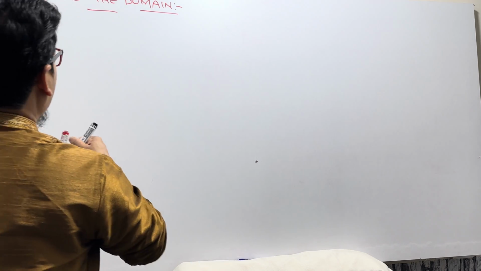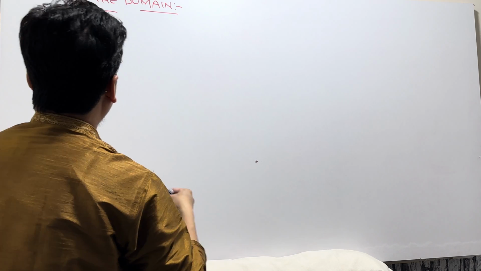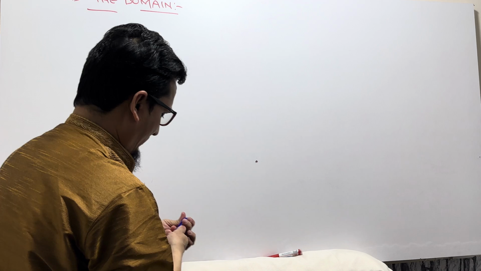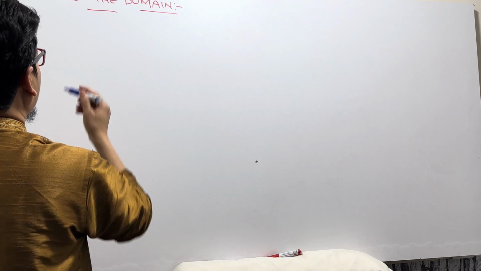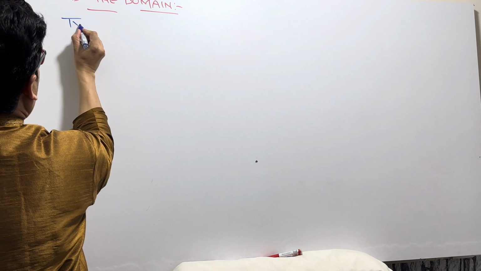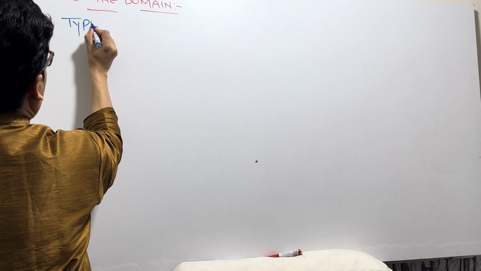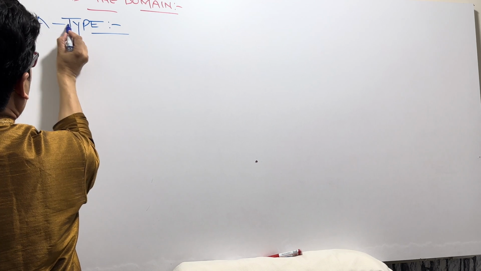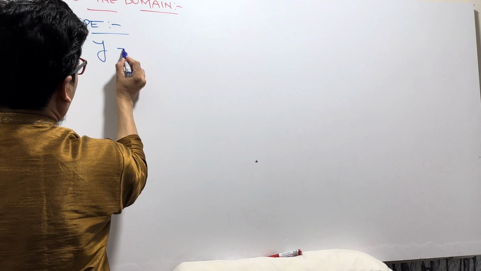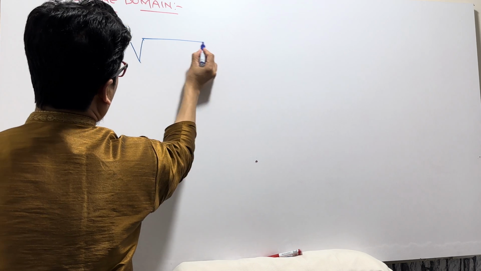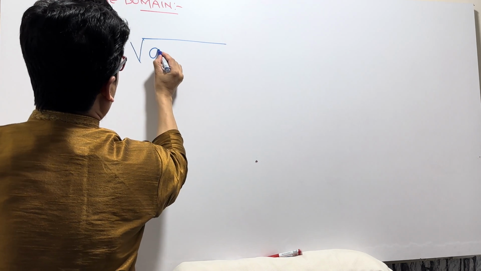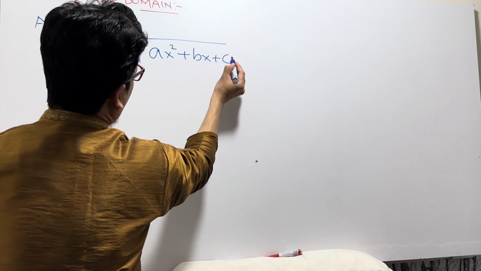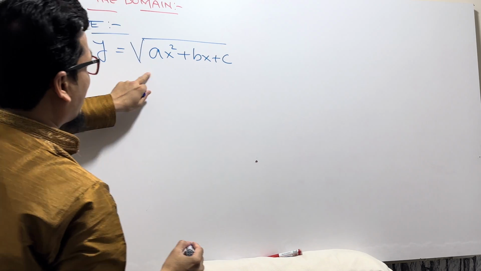The type is, you can say, type A, right? Means y is equal to square root, and here I am going to write ax square plus bx plus c. You know, this is a quadratic equation.